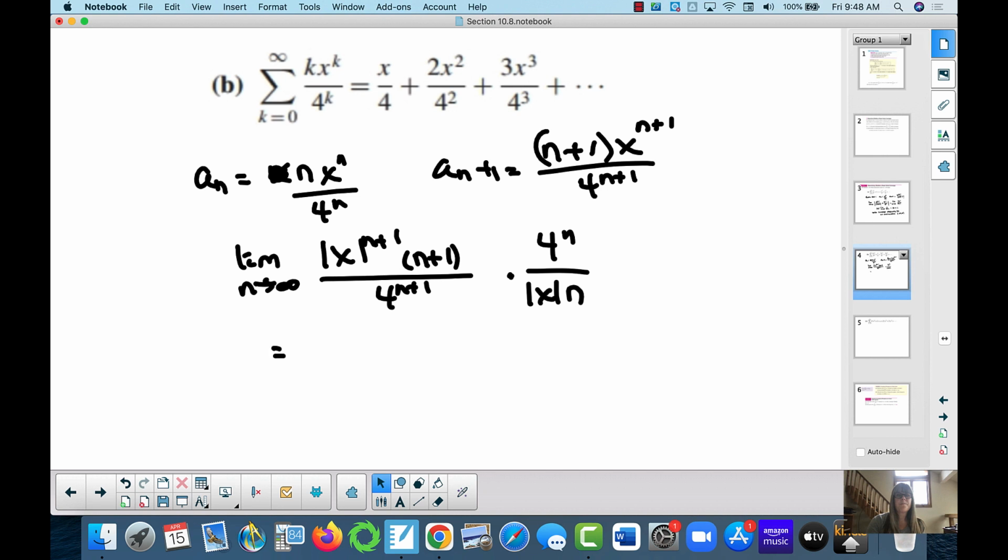Well, 4 to the n over 4 to the n plus 1, we just have one extra 4 here, so those cancel and we get 4 on the bottom. Once again, we can put the absolute value of x on the outside of the limit there.